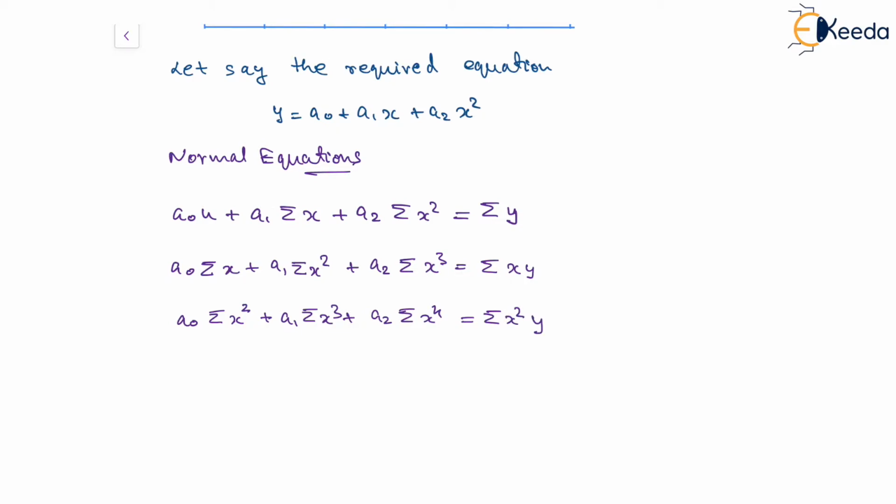So these are the three equations which will help us to find the unknowns a0, a1 and a2, and then we can find the second order parabolic fitting equation for the given data.